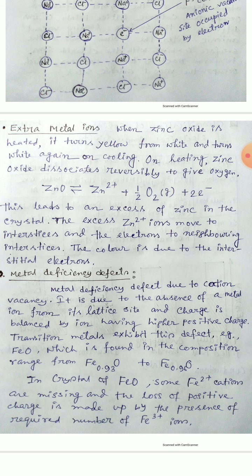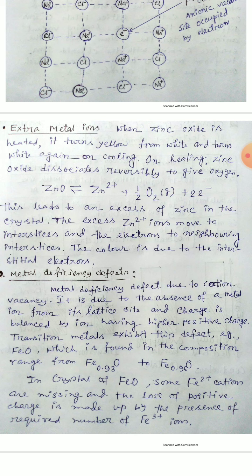When zinc oxide is heated, it dissociates reversibly to give oxygen. So the reaction is ZnO reversible arrow Zn2+ plus half O2, that is oxygen gas, plus 2 electrons. After heating, zinc oxide dissociates to form Zn2+ ion, oxygen gas and 2 electrons.